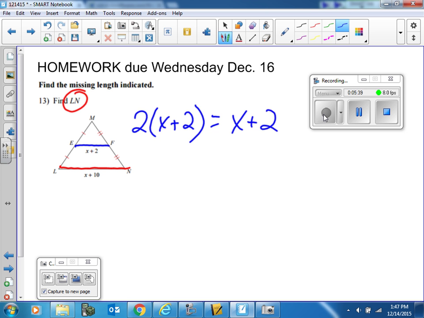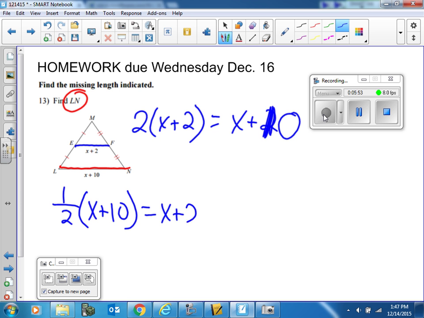Now, if you want to write it the other way, a little bit more challenging equation, you could write it as 1/2 of x plus 10 is equal to x plus 2. All right, so you could do it that way. But if you do it this way, you're going to end up with 2x plus 4 equals x plus 10.